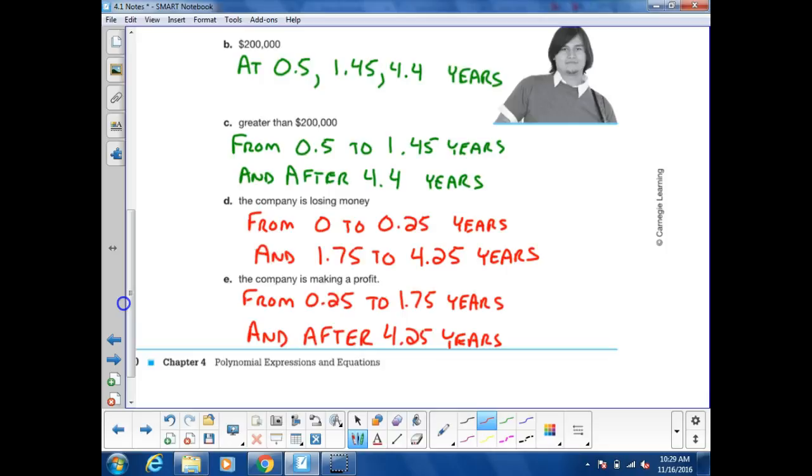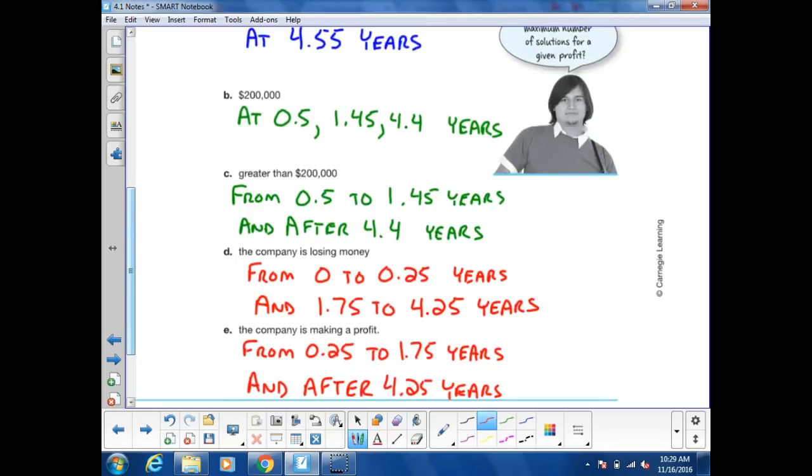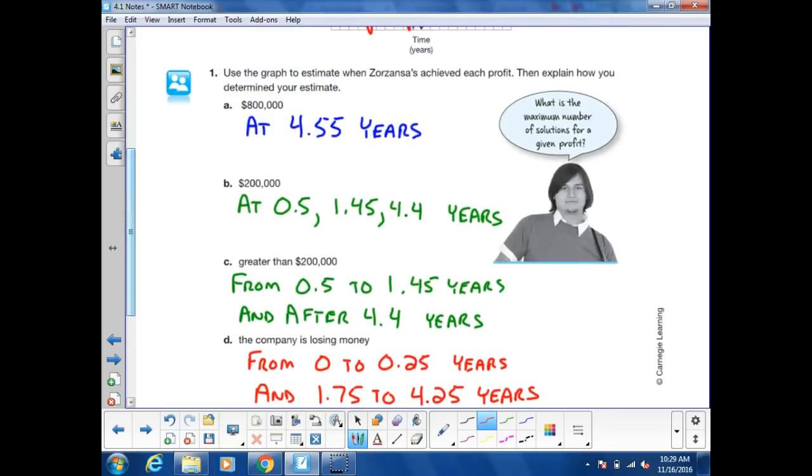Okay. So what we're looking for is on these two up here, where it's, we'll call it level. So on A and B, it's where it's at 800,000 or where it's at 200,000, where the function is at that level.